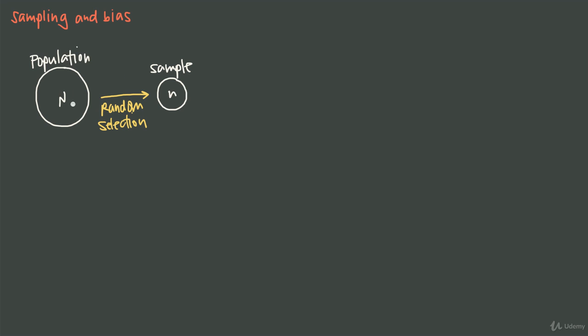Because if the sample does perfectly represent the population, then when we look at the characteristics of the sample, or the sample statistics like the sample proportion p hat, or the sample mean x bar, then we can use that information to make inferences about what we're really interested in, which are population parameters like the proportion p or the mean mu.